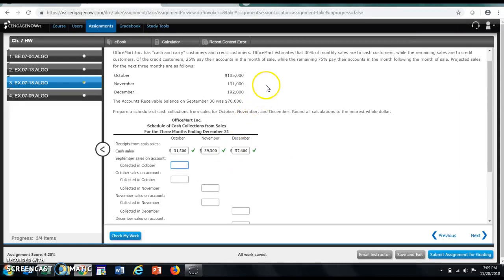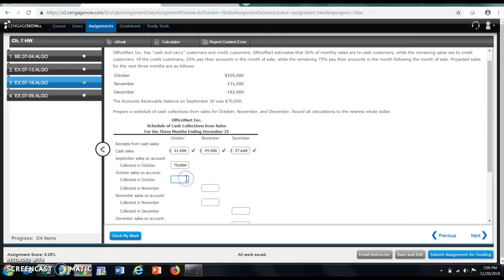So if our rules account for 100% of credit sales with 25% in the month and 75% in the following month, then this receivable amount must be that entire 75%, and that will be collected in the month of October.